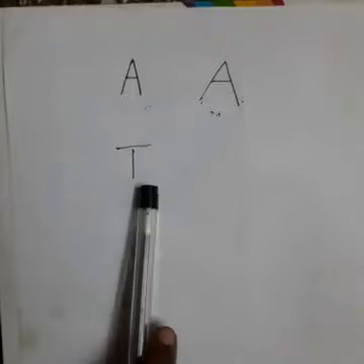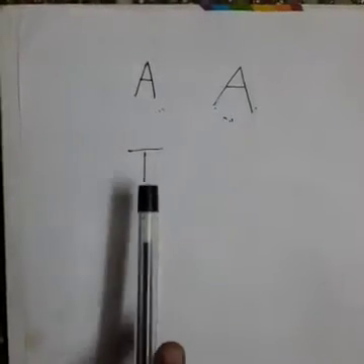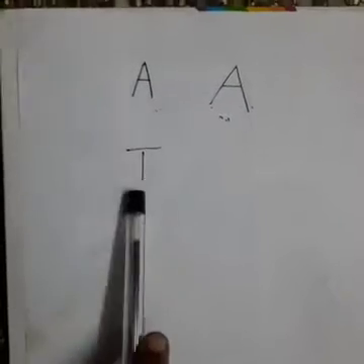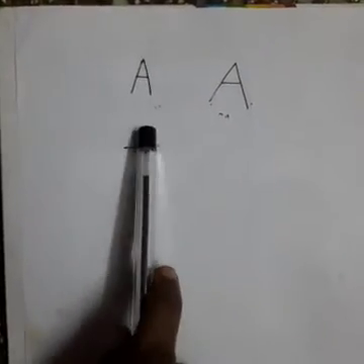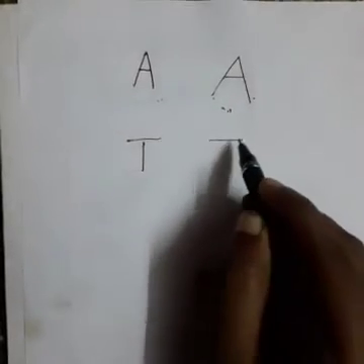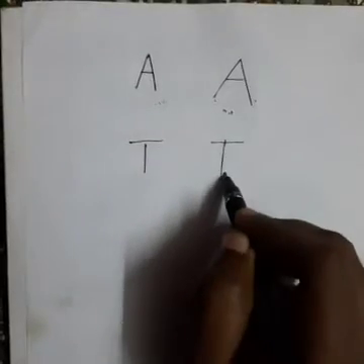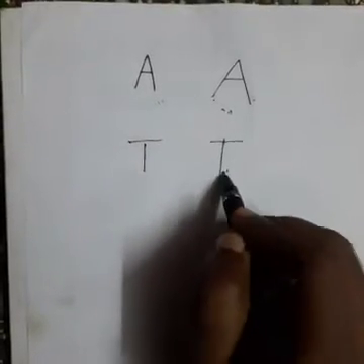Students, what is this? This is T. Can you tell me how many straight lines do you use to write T? 2 straight lines. 1, 2. There are 2 straight lines used to write T.